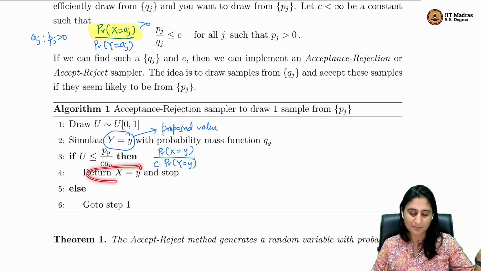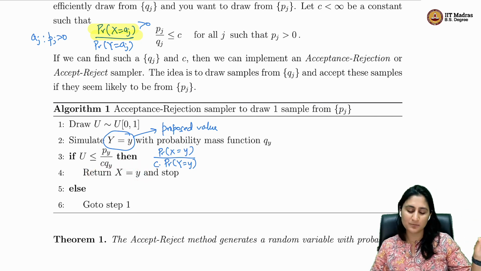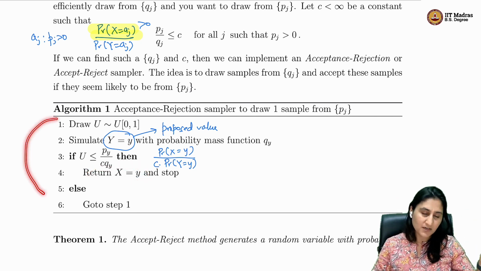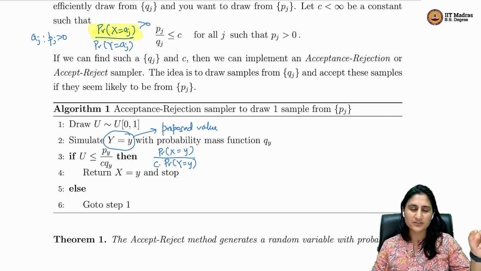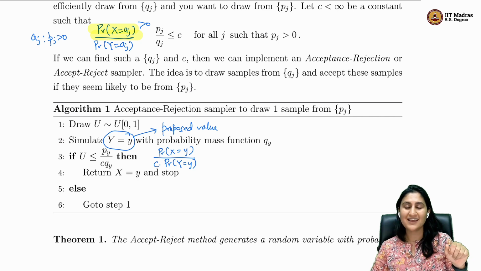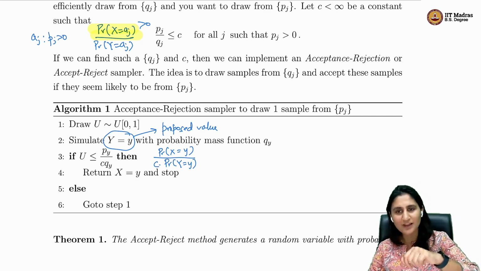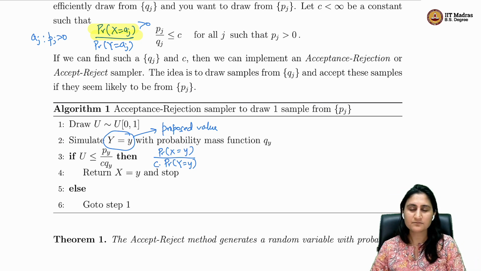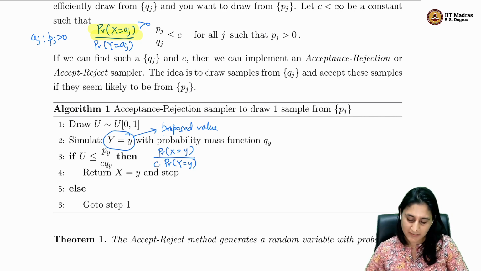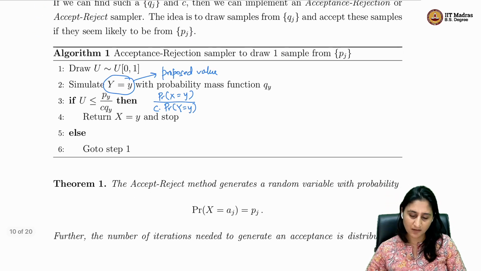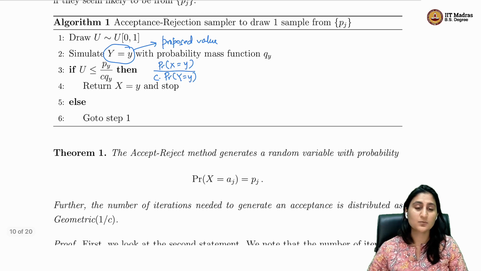We are not going to accept it. The loop will start again, a new uniform draw is simulated, and then a new proposed value is simulated. And now we'll see whether this new value looks good or not. So let's see how we can understand that this actually works.